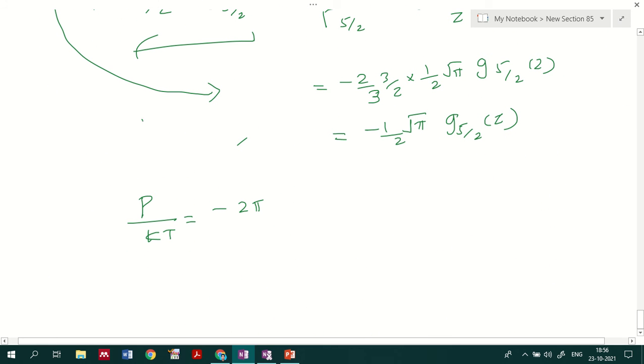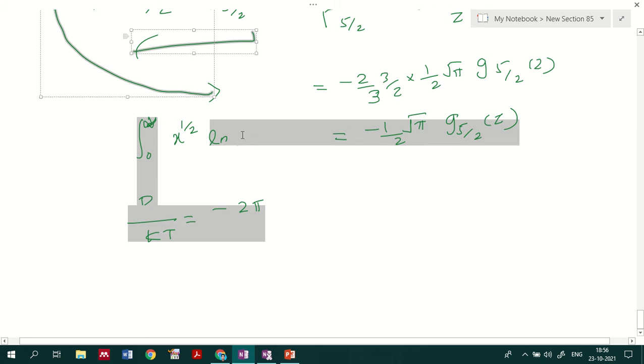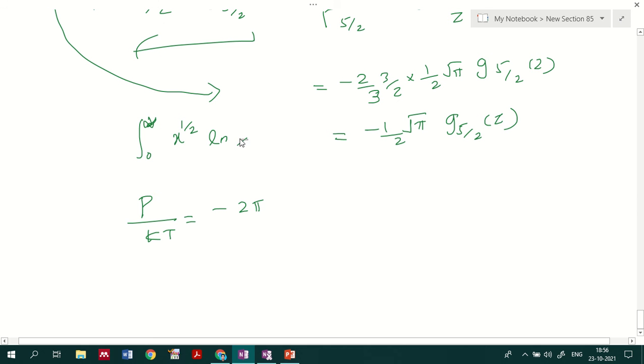So this is a function which is 0 to infinity x raised to 1 by 2 ln, okay, so this is actually ln 1 minus z to e raised to minus x dx.